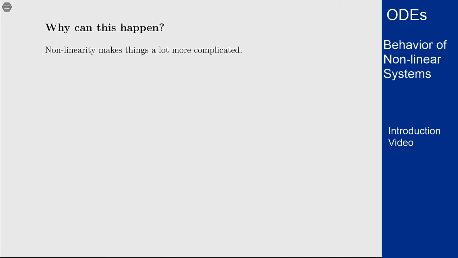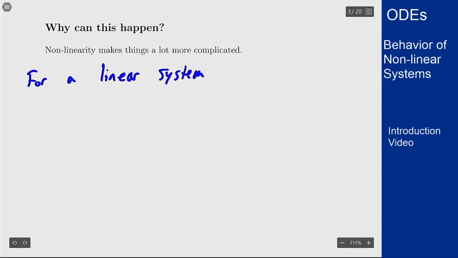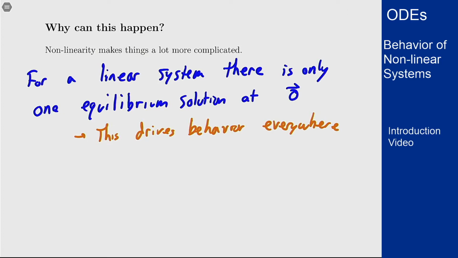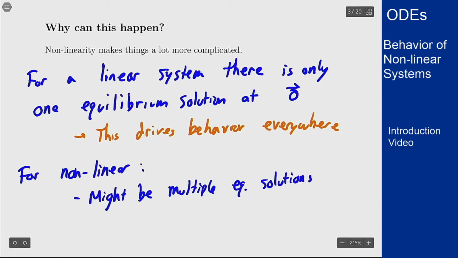For a linear system, there's only one equilibrium solution at 0. So that one solution, the behavior around it sort of drives the behavior of the entire system everywhere. For nonlinear, there might be multiple of these, but also you can just get behavior that doesn't match the linear system because of this nonlinearity.